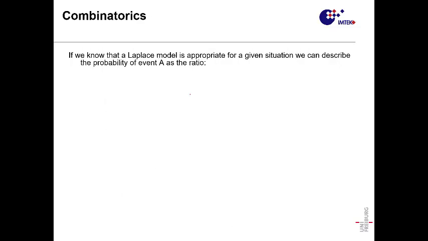Good. Finally, the last thing of today is combinatorics. And this is going to be one of the last basic topics of probability and statistics, because it's useful for all the exercises that you will do.